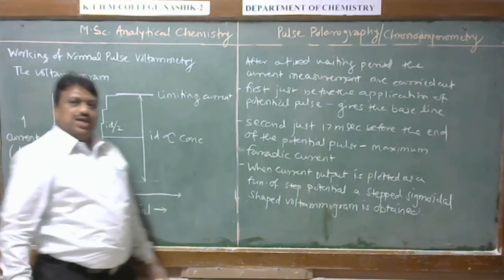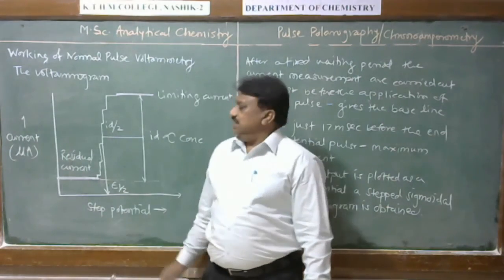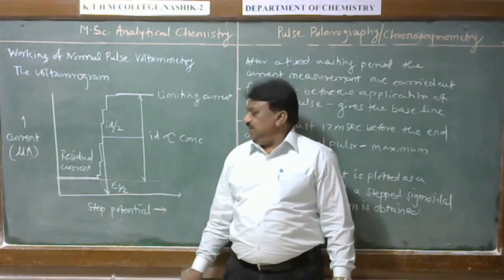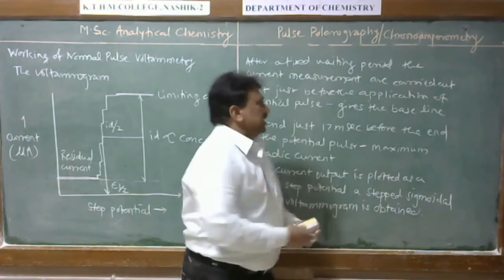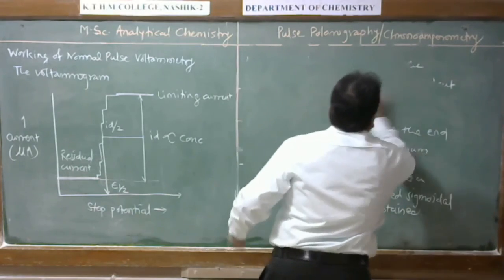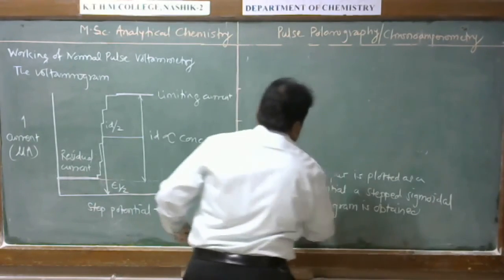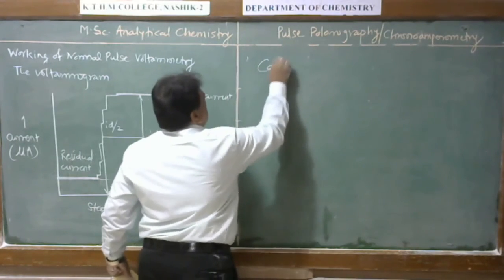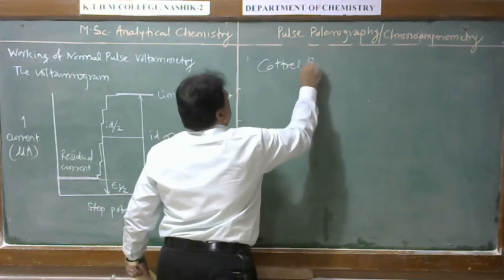That means you know that half-wave potential as well as the diffusion current is measured in polarographic measurement, but in this case this limiting current is given by a quadratic equation that is like this. That is quadratic equation.